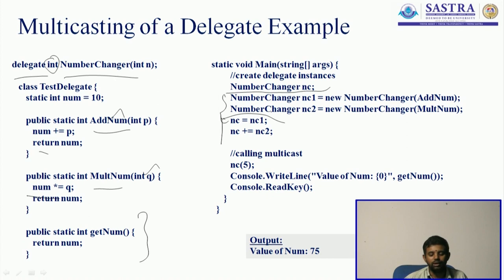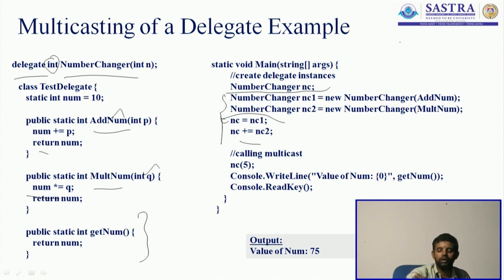And then we want to combine, or add up, the value residing in nc2 with nc itself. So we are proceeding with something called an assignment operator. Hope you may recollect what we mean by assignment operator, right?